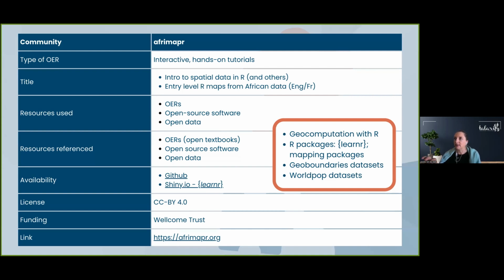The second tutorial that we created was entry-level R maps from African data. That was an interactive tutorial that we taught online at the useR conference, and the whole tutorial is available on GitHub.